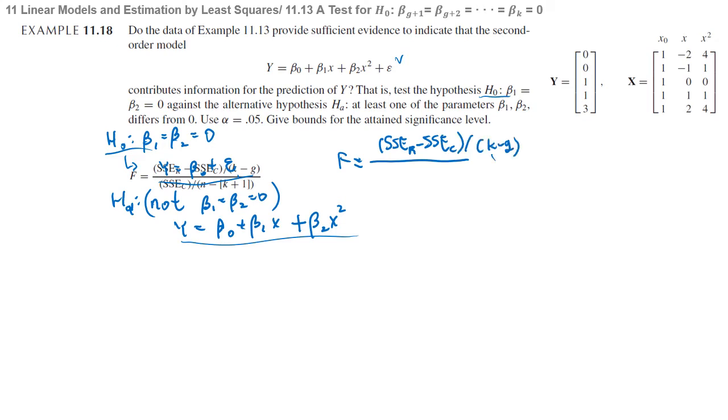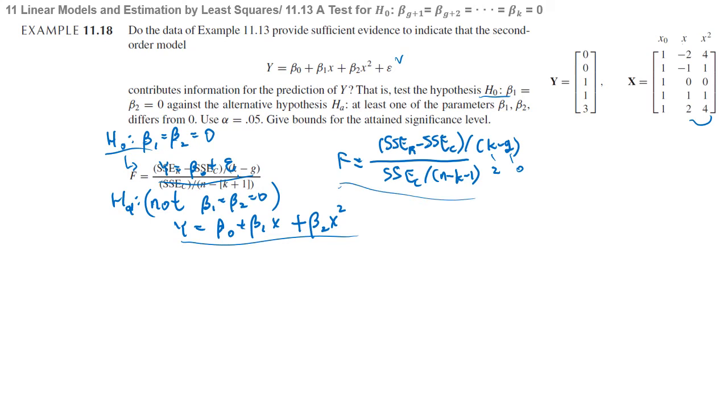K is the number of parameters for the complete model, and g is the number of parameters for the reduced model. We have 2, x and x squared, so k is 2, g is 0, and this is divided by SSE_C divided by n minus k minus 1.